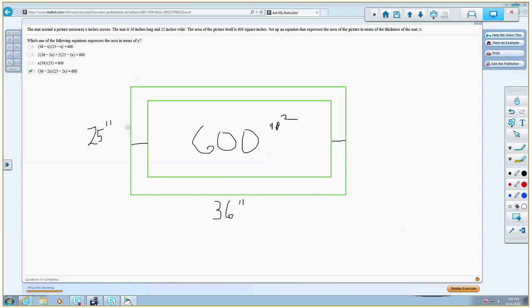This whole area right here is minus this and this. So that's where the minus 2x comes from. So 36 minus 2 of these, 1 and 2. And then 25 minus this guy and this guy. And what you're basically setting up is the area over here is equal to this.